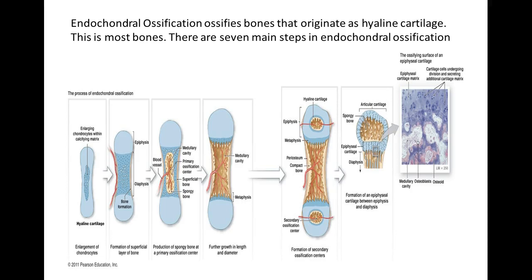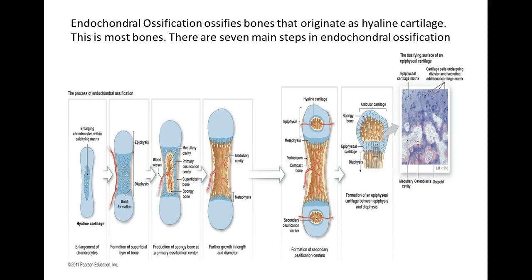On the epiphysis line, the chondrocytes will be reproducing. So what this epiphyseal line does is allow this bone to grow in length.